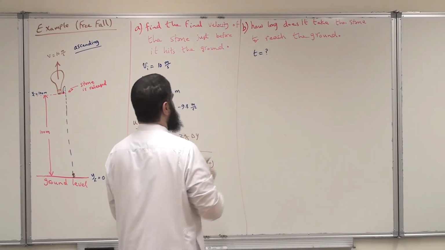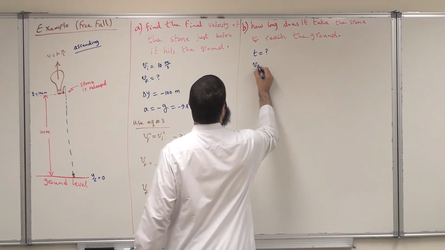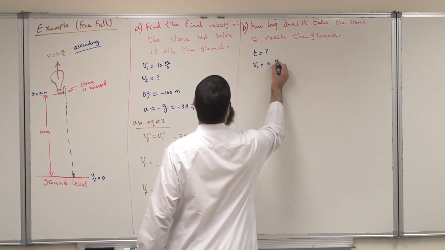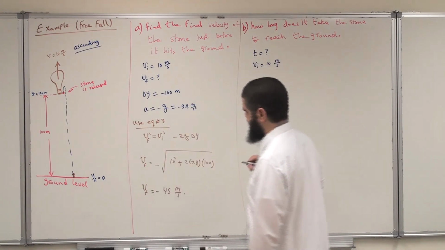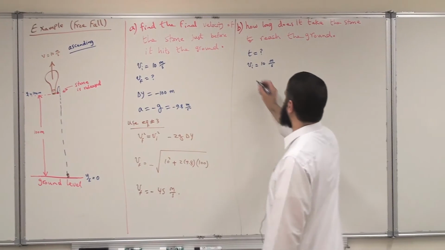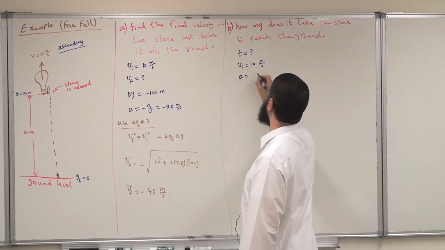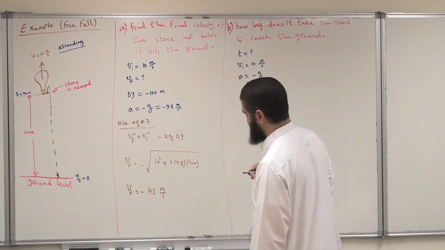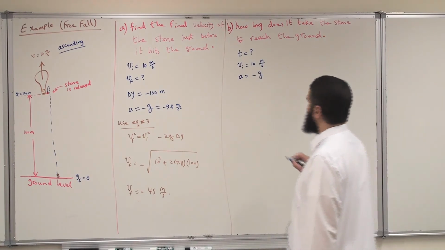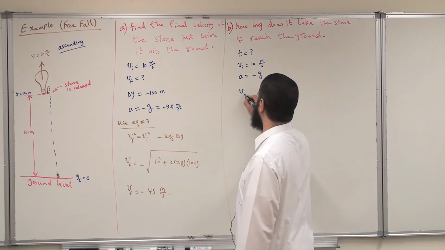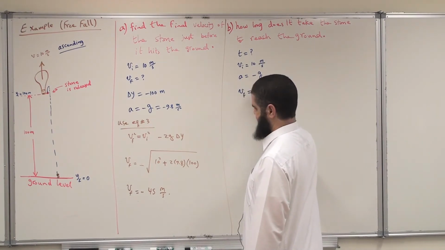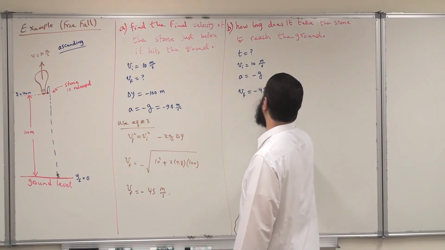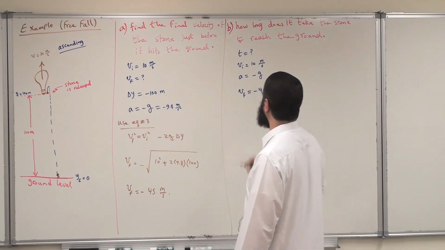What do we have? We have V initial equals 10 meter per second. What else? We have the acceleration, which is minus g, or minus 9.8 meter per second squared. And we have V final, which is minus 45 meter per second.